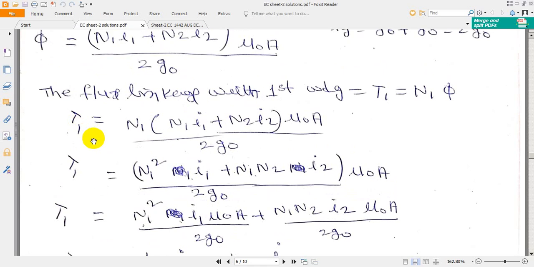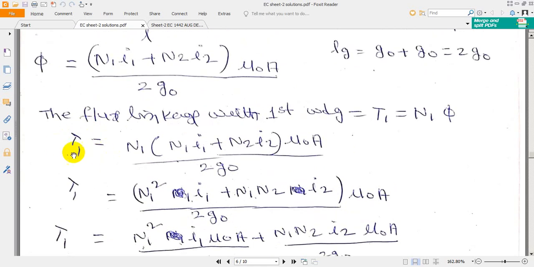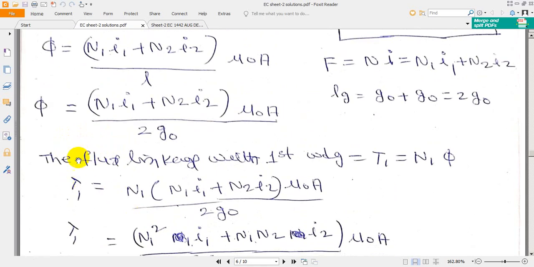We have a relation: flux linkages with coil 1 is given by the number of turns into flux. So the flux linkages of the first winding can be given as the number of turns into flux.